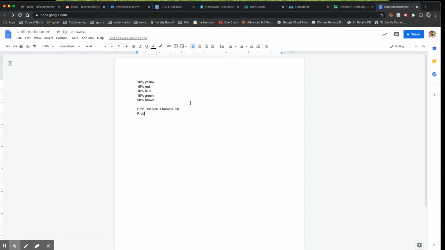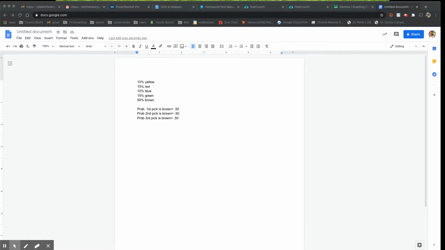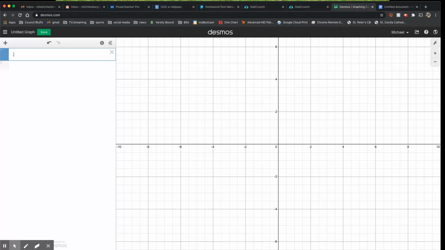The probability that the second pick is brown is also 50%. And the probability that the third pick is brown is also 50%. Why is that probability the same? Because in the question it says the picking is done with replacement, so we can assume that probability stays the same. To find the answer, I am simply going to multiply these three: 0.50 times 0.50 times 0.50.